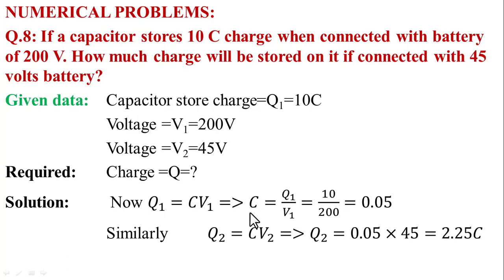Here, C is common in both, so Q2 is equal to C multiplied by V2. This implies that Q2 is equal to 0.05 multiplied by 45, that is equal to 2.25 coulomb. So the charge on the other capacitor, Q2, is equal to 2.25 coulomb.